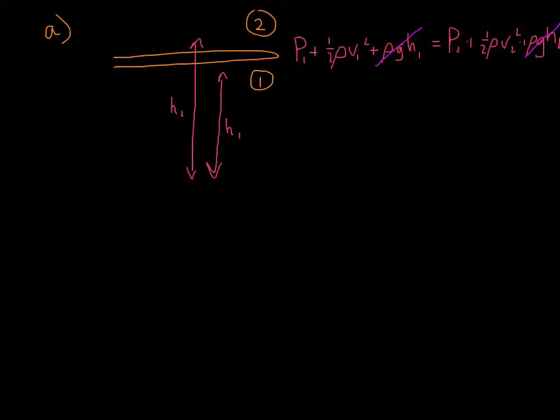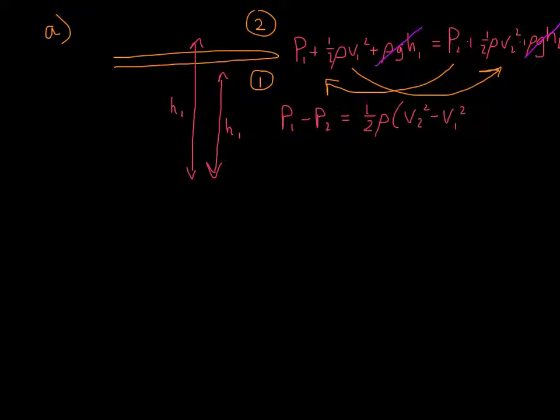We're trying to find the pressure difference, which is P1 minus P2. So I'm going to bring the P2 over to this side of the equation and bring the 1/2 rho V1 squared over to that side of the equation. So that gives you P1 minus P2 is equal to 1/2 rho, and I'll factor out the 1/2 rho, so you end up with V2 squared minus V1 squared.